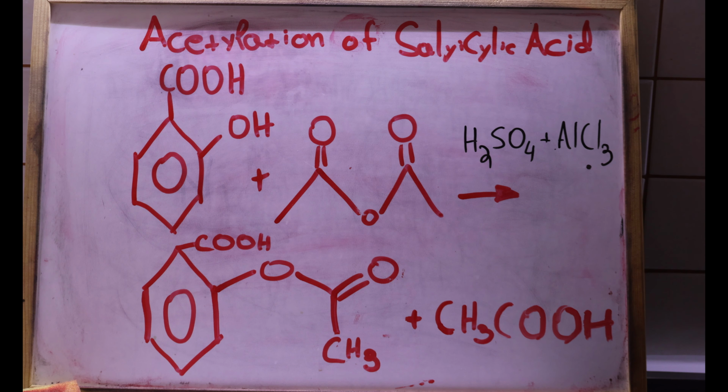So I will also be using aluminium trichloride, which serves two purposes. One is to drive off the remaining water of the sulfuric acid, and two, it's a strong Lewis acid that also participates itself as a catalyst in the reaction and drives it forward.